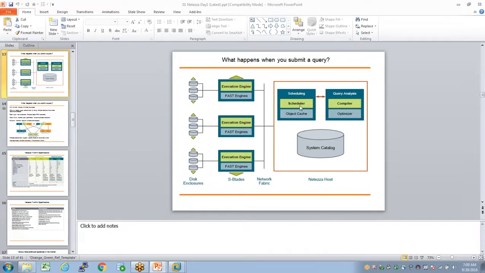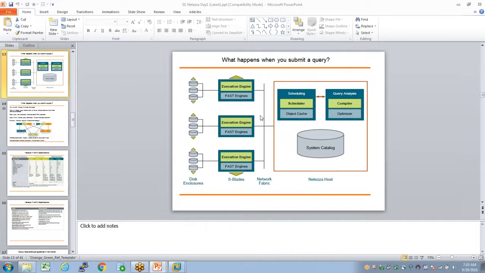The scheduler's responsibility is to schedule those snippets with these hardware components, based upon how the resources are loaded and upon the user's priority.